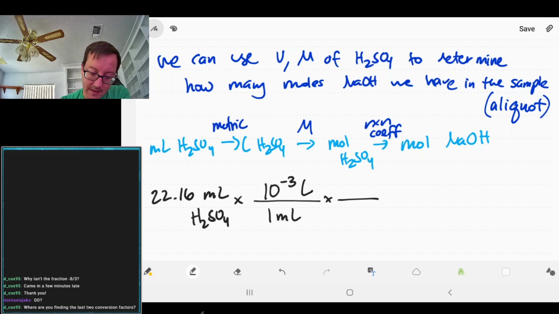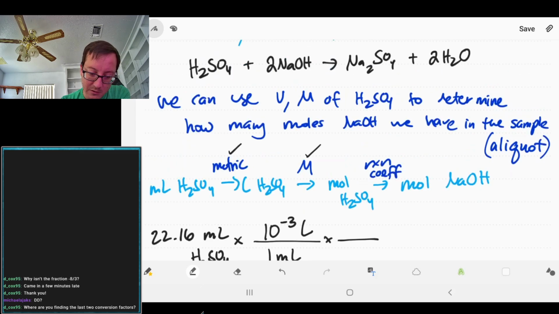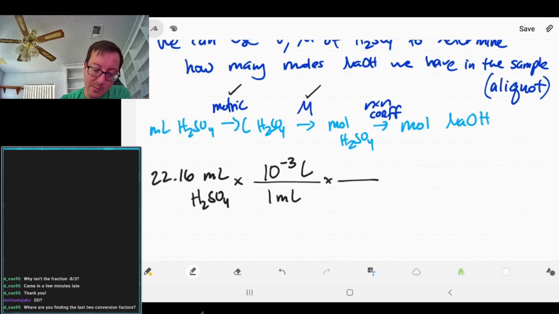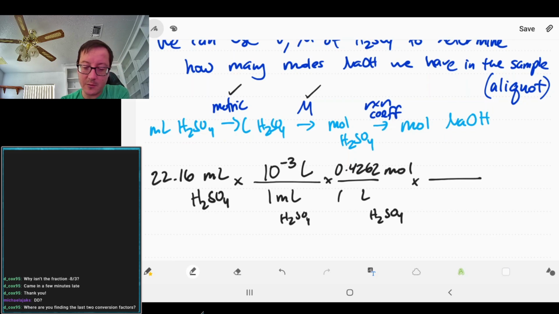So next, that's our metric part. We're going to use our molarity, which was 0.4262. Remember that molarity is moles over liters. So the 0.4262 goes with moles and 1 liter of sulfuric acid. And then the last thing we need is our reaction coefficients.